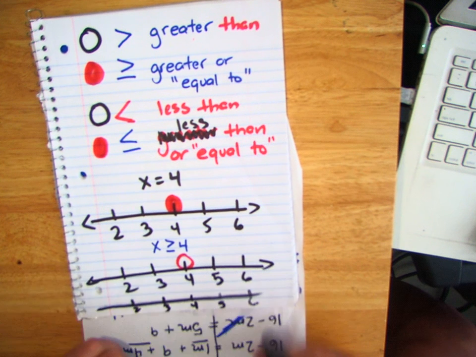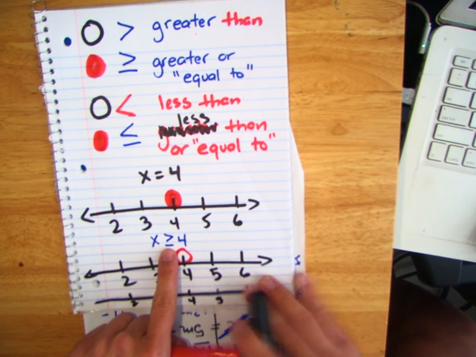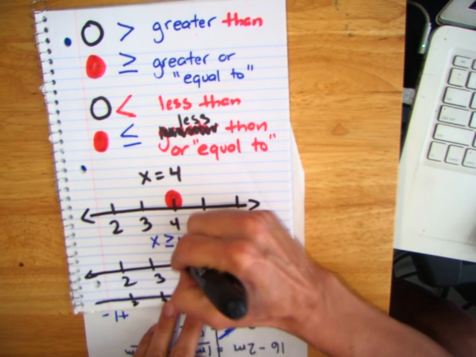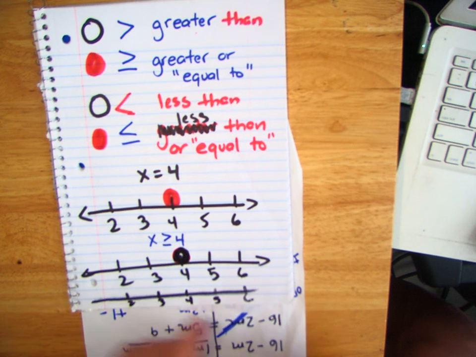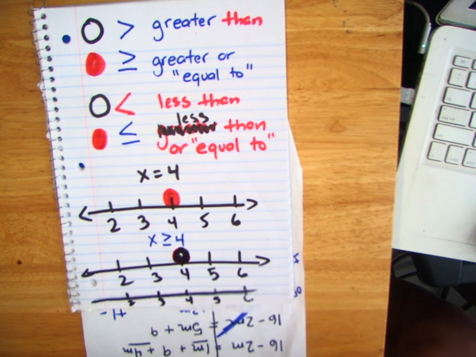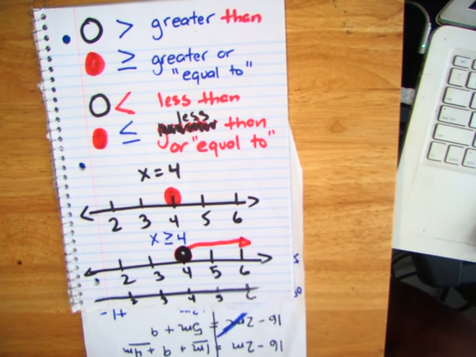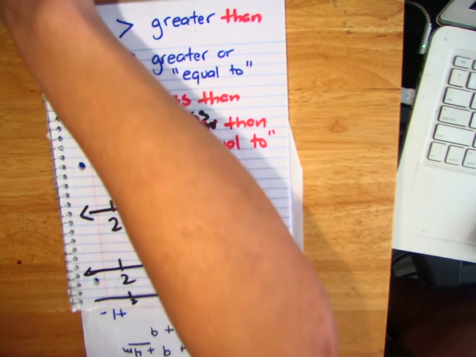So if you look at this one, greater than or equal to, equal is like the one on top. So I'm going to shade it in. But you want all the numbers that are greater than or equal to 4. So that means that we're going to go to the right, to the right, to the right. All right? Got it?